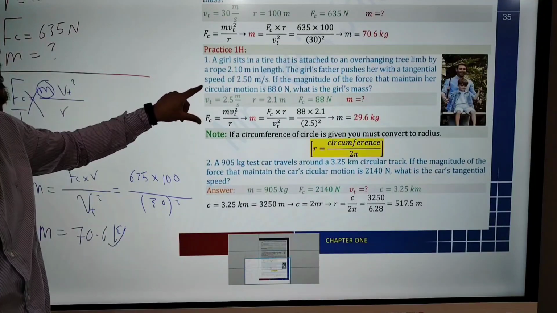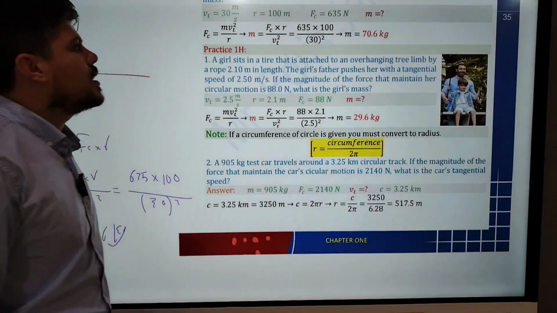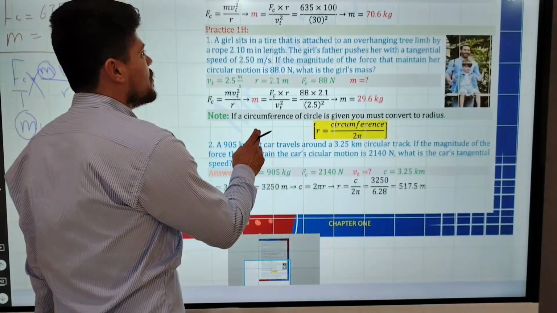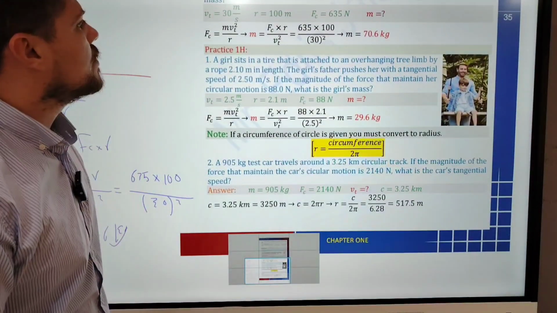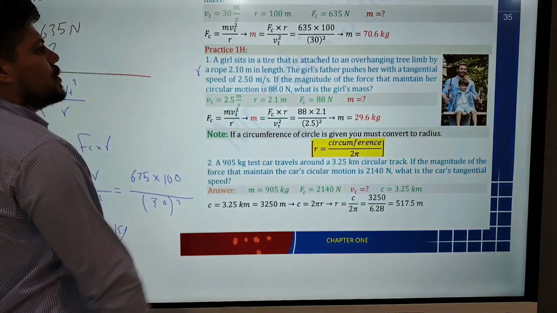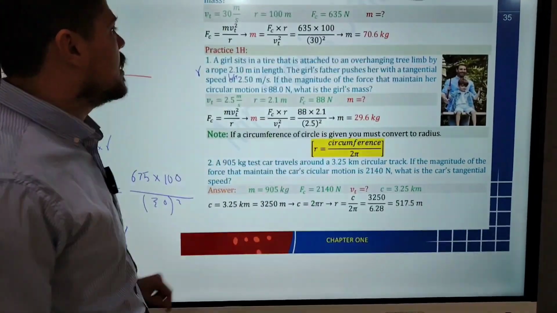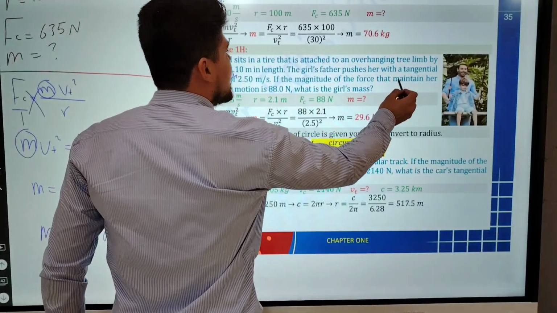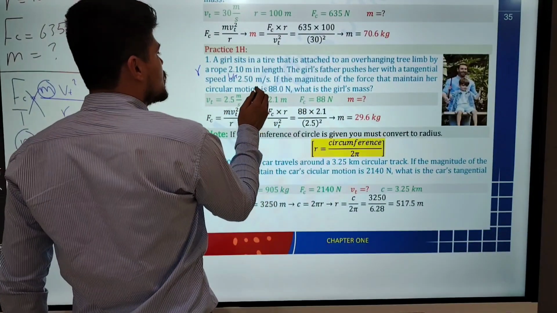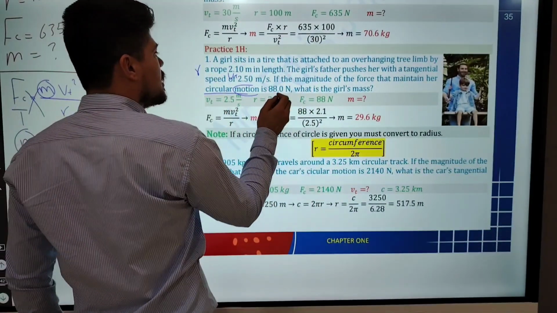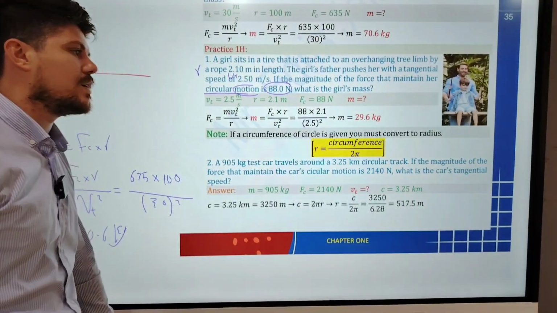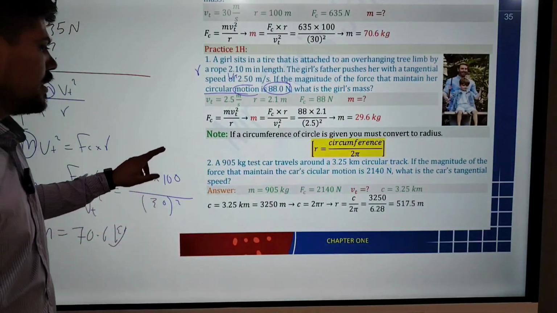Practice 1H. This question has the same procedure as the sample problem. The radius is 2.1, and this is Vt, and the magnitude of the force that maintained her circular motion. Which force maintained the circular motion? Fc. Okay?